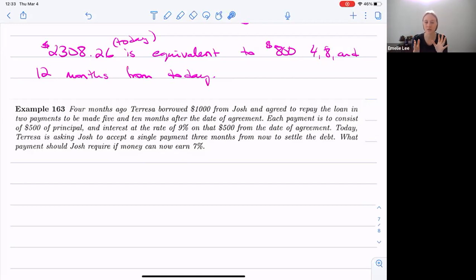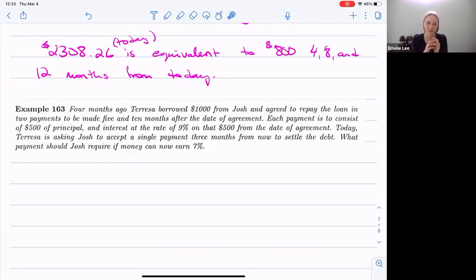So I'm going to put today on the timeline, even though it doesn't really need to be there, but it just serves as an anchor. So she's going to make 2 payments. Each payment is to consist of $500 of principal and interest at a rate of 9% on that $500 from the date of the agreement.